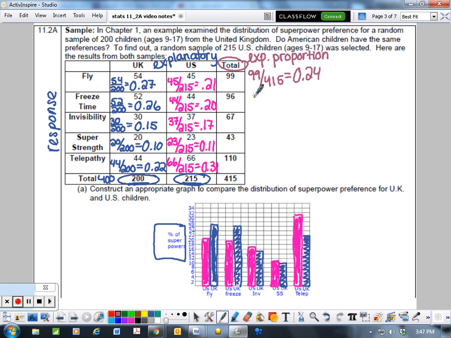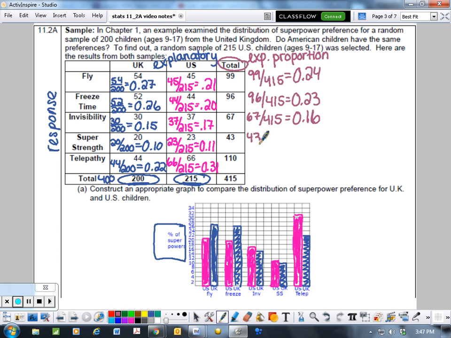And then the 96 out of 415. So I'd expect both categories to be about 0.23. And then a 67 out of 415. So I'd expect both categories to be right around. So if there's truly no difference, this is the expected proportion that we would have.